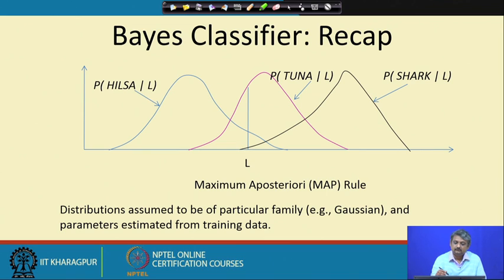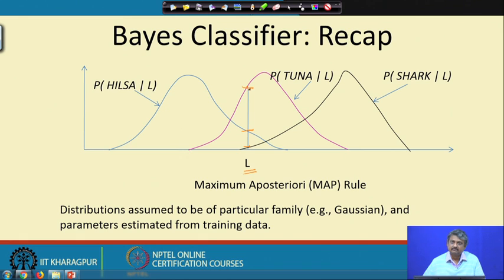For a new point whose length is L, we considered the values of each of these distributions in these posterior probabilities. Whichever distribution gives the highest value, we put it into that class. And we showed that theoretically, if we perfectly know these distributions, this would give the minimum error classifier.